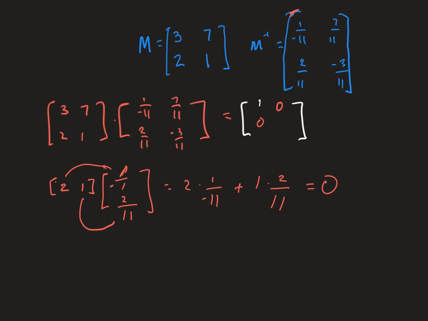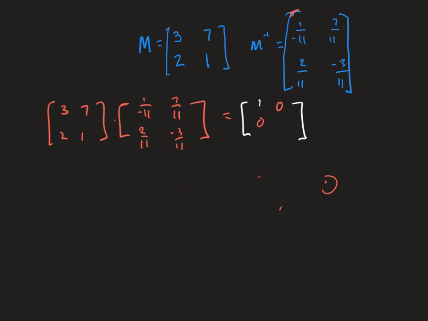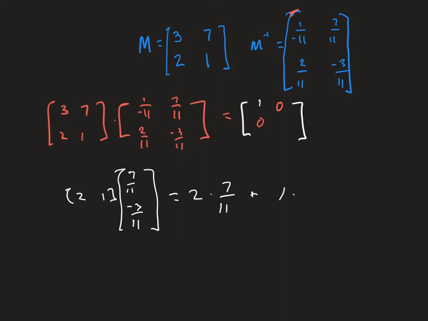Lastly, let's do our final entry, the second row and second column. As some of you may have guessed, we take the second row from the first matrix, which we know is 2, 1, and multiply by the second column, 7 over 11 and negative 3 over 11. This is a dot product, so 2 times 7 over 11 plus 1 times negative 3 over 11.